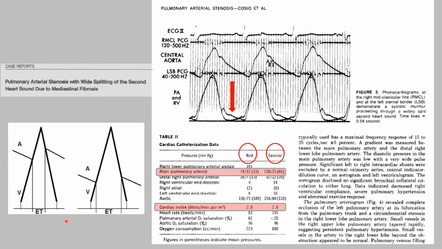So now, the last thing is to explain and understand the reason for the splitting of the second sound. So imagine here that this peak pressure is, in fact, an island. And this A, which is the arterial flow, is like the sea level.